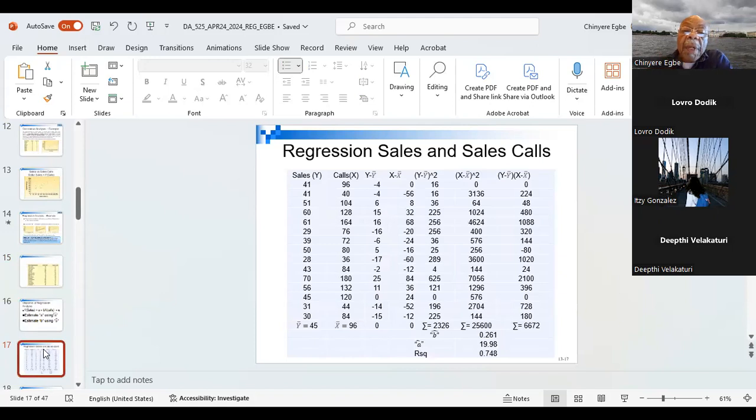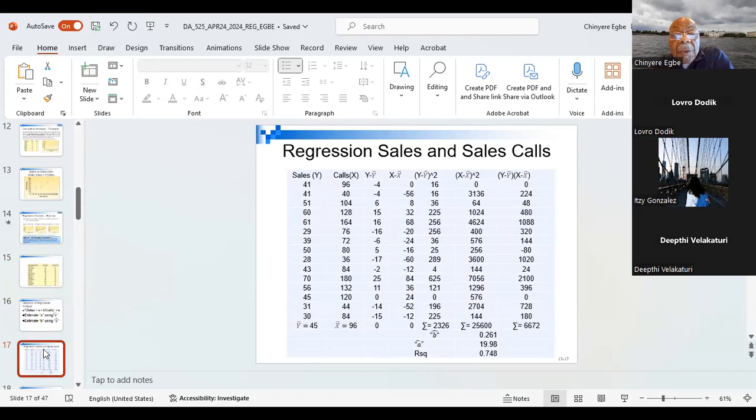So copiers sold is the dependent variable, and the number of sales calls is the independent variable. I'm going to go through the process that generates this table, because this is the table that enables you to do the estimation. Before I go on, let me say that next week I'm going to use SPSS to do this estimation.